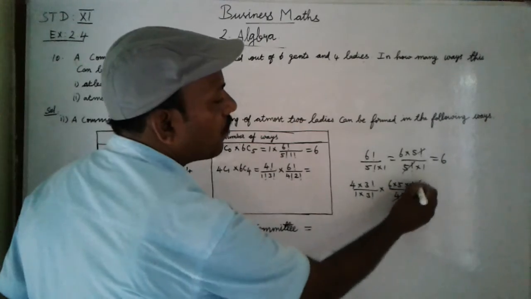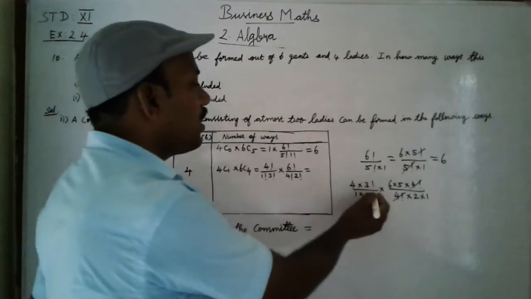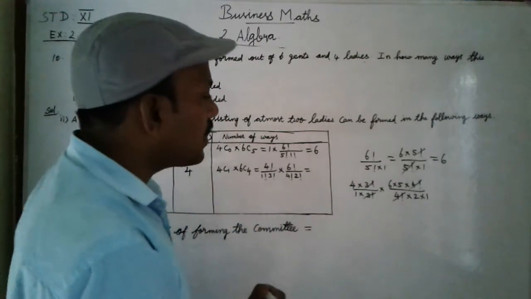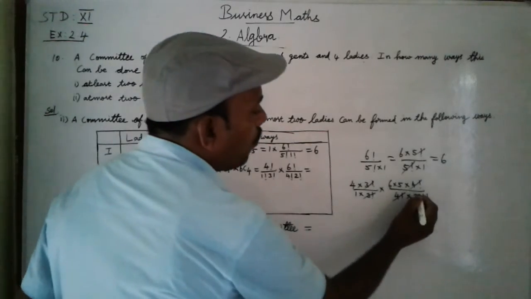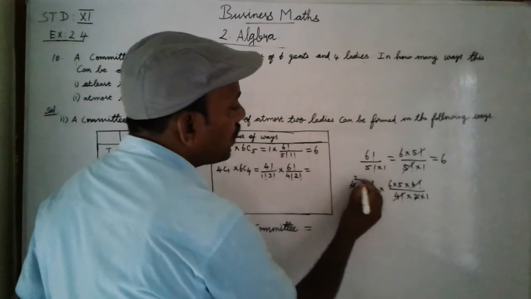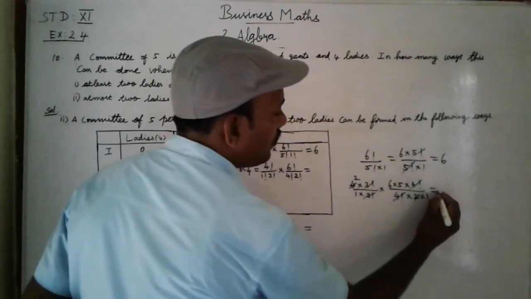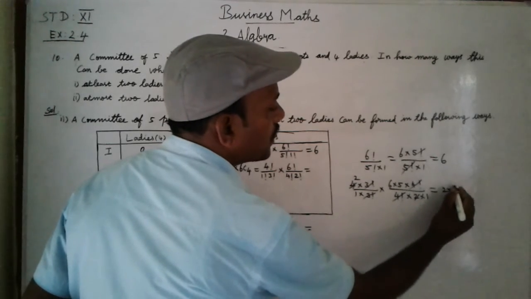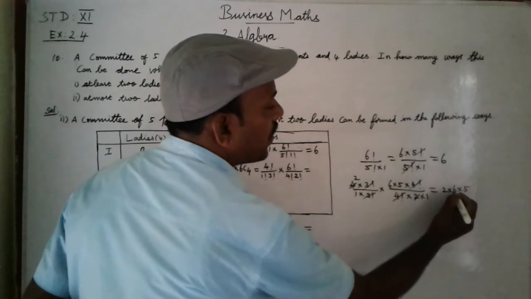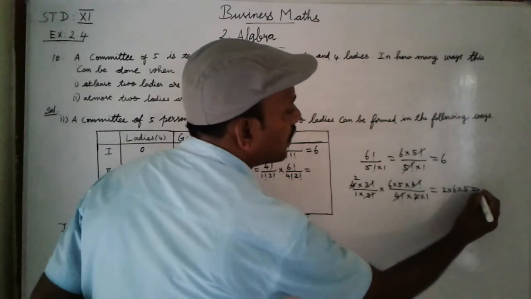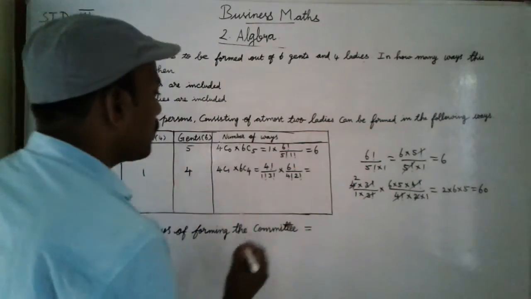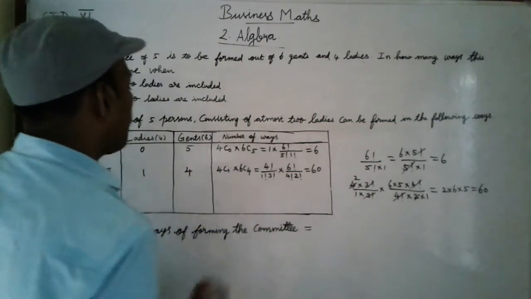So 4 factorial cancels, 3 factorial cancels. 2 and 4 is cancelled 2 times. So 2 into 6 into 5. 6 fives are 30, 30 into 2 is 60. So its value is 60.